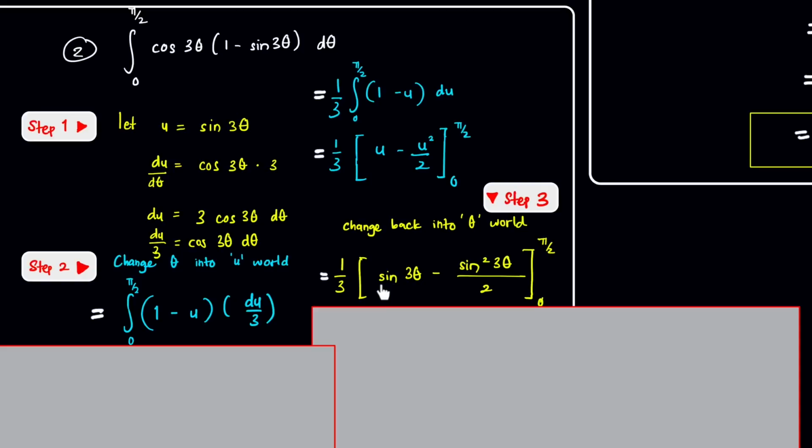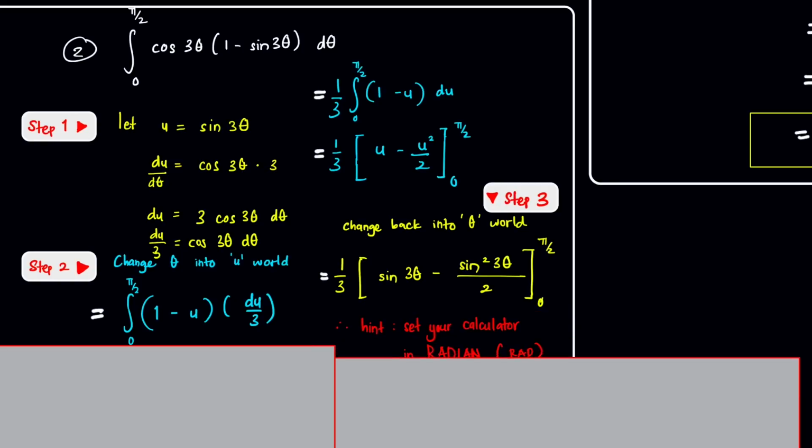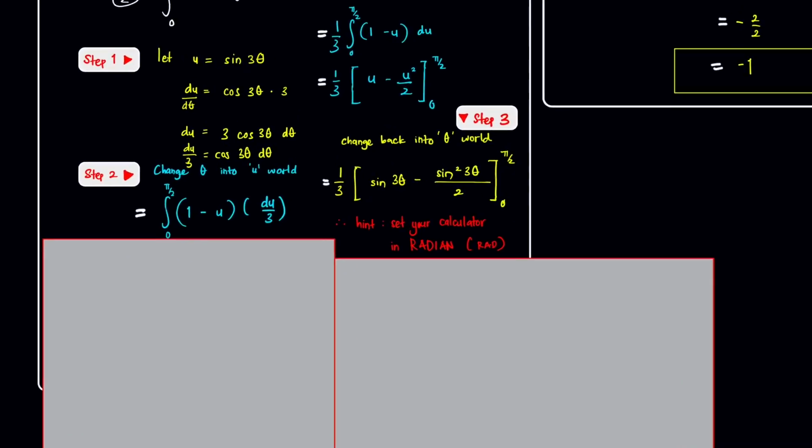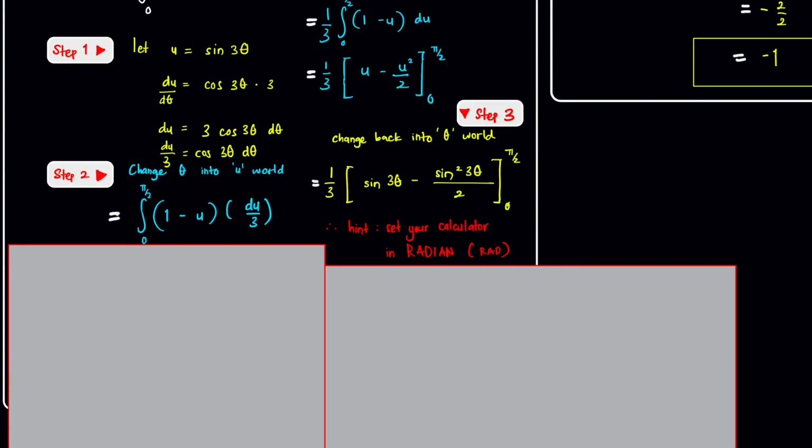So if you change it back into theta world, u will become sine 3 theta, and u squared over 2 will become sine 3 theta squared over 2. Now, once you have converted it back into theta world, then you can, that's my reminder, you set your calculator in radian mode.